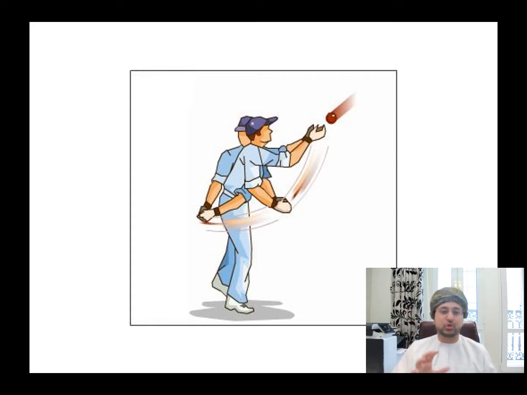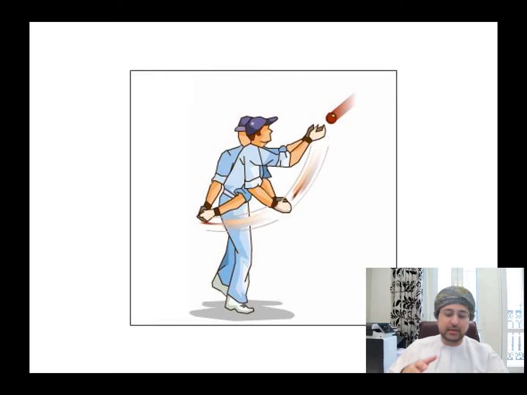Rather, they usually use both hands or one hand to catch the ball and then start going a bit backwards, as if they are slowing it down gradually. And I used to think that was just a technique, but it turns out that technique has a very valid physics reason, and that reason is what we're going to be discussing today.